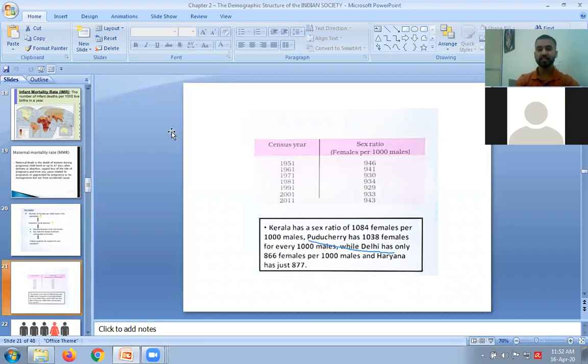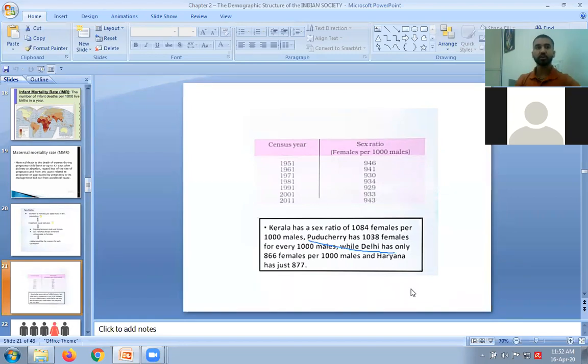that is telling us about the census. In 1951, there were 946 women per 1,000 males. Then after a few years it declined a little bit, and in 2011 it is 943. So out of 1,000 males, we have got only 943 females. When we talk about sex ratio, we talk in terms of 1,000.